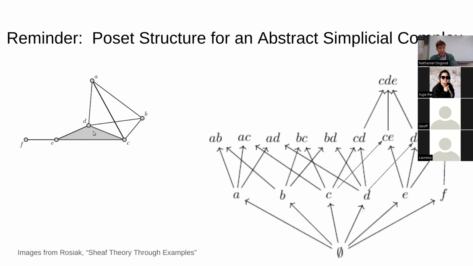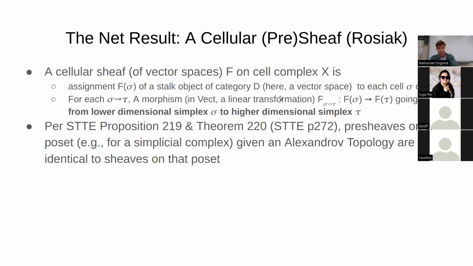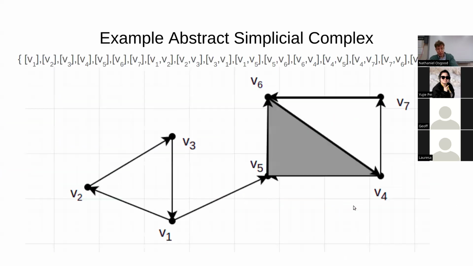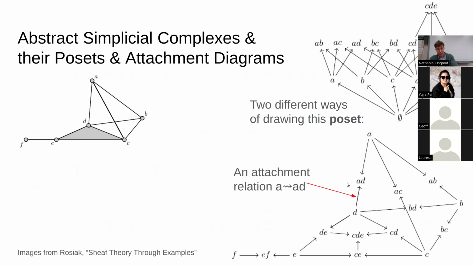So we're going to have data assigned to each of those, but that's not going to be it. For each attachment morphism, so each attachment here, just like that, we're going to have a map on data for this to data for that.